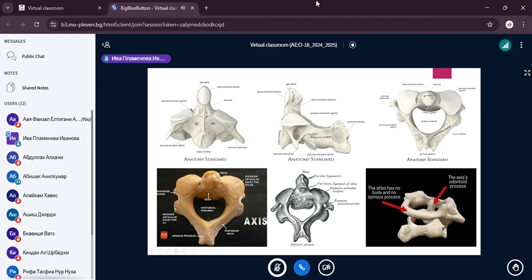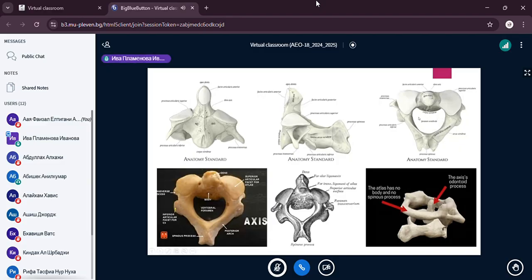This is the transverse process with foramen transversarium again. Lamina arcus vertebrae. That's the arch with lamina arcus vertebrae here. And below the arch and the body is the vertebral foramen.